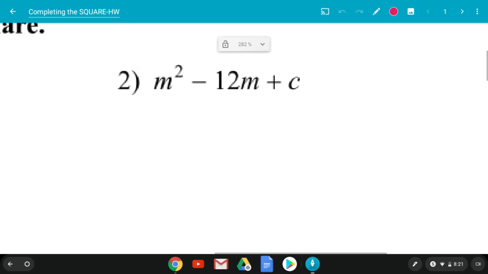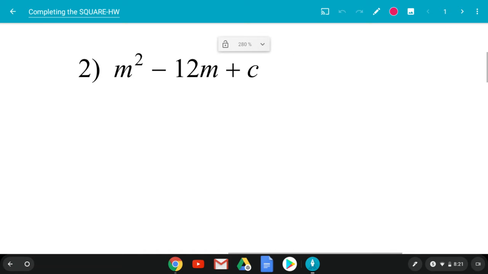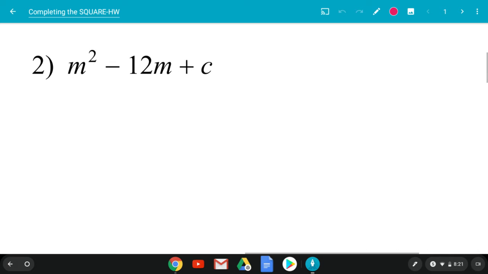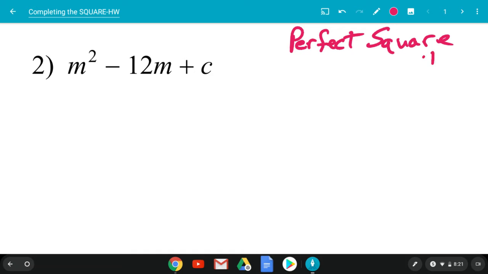When we started talking about this the other day, we talked about completing the square. And why is it called completing the square? Because we're looking for the perfect square trinomial.